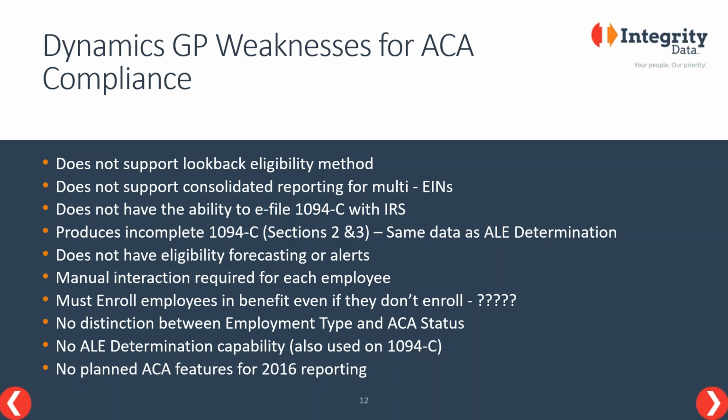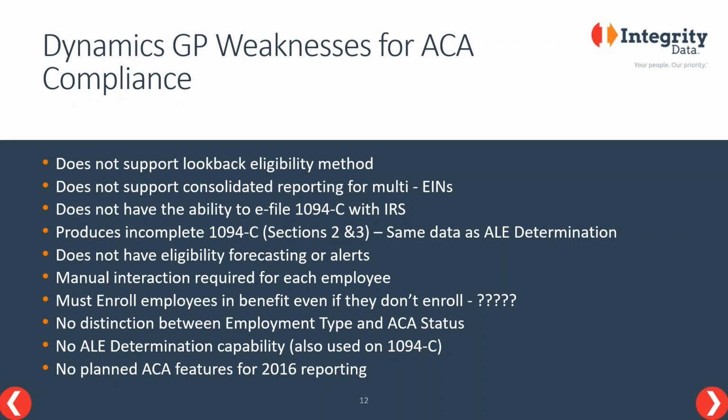Certainly, and I always preface this with, if you're a smaller employer, let's say that you've got 65 FTEs, they're all full-time, they're all enrolled in coverage, you have very little turnover, you can probably use Dynamics GP to put in the data and generate the forms for you.